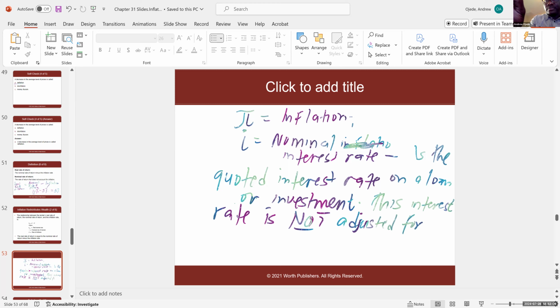For example, you go to the bank and the bank says, we're going to give you a car loan with 10% interest on it. That 10% quoted interest rate on that loan is the nominal interest rate. It's not adjusted for inflation.